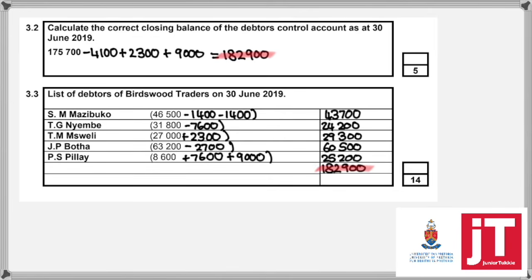At the end, once you've finished all the questions, come back and look at those type of adjustments or transactions which you were not 100% sure of, and just go back and spend a little bit more time and see if you've done them correctly, or somewhere if you made a mistake, possibly you made an adding mistake, but make sure you do it at the end. Otherwise, you might end up not finishing or rushing through the rest of the questions to get it done.